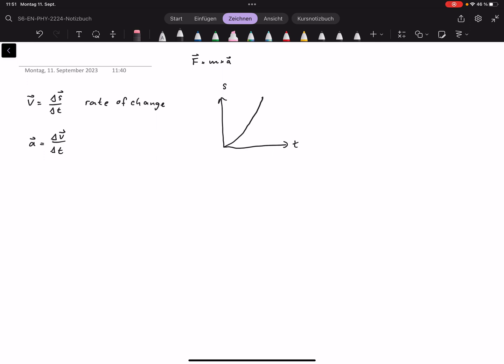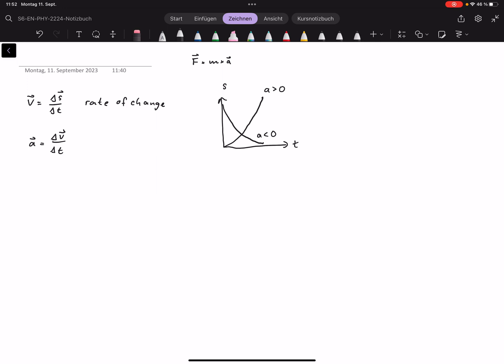So here we can see that the gradient is getting higher, so the acceleration is greater than 0 or has a positive sign. We also speak about accelerated motion when the velocity is decreasing. In this case, however, we have a negative sign, meaning that the acceleration is below 0. And we see that because the slope is decreasing.